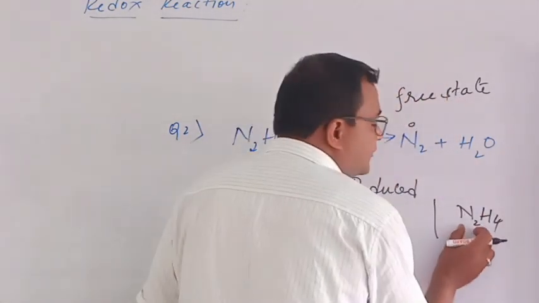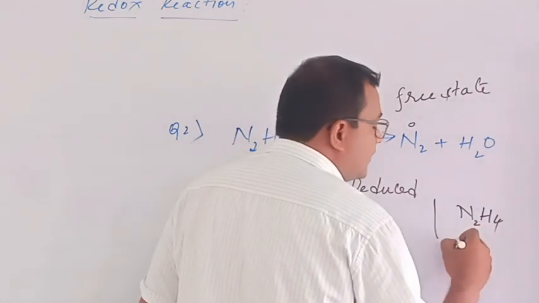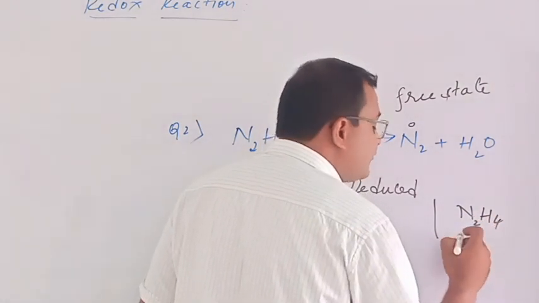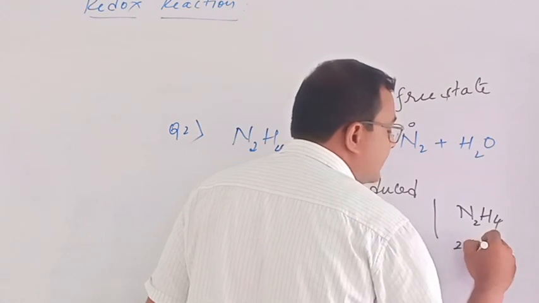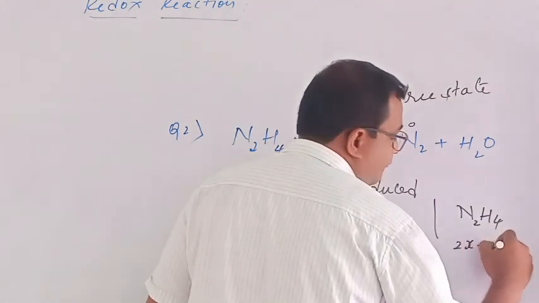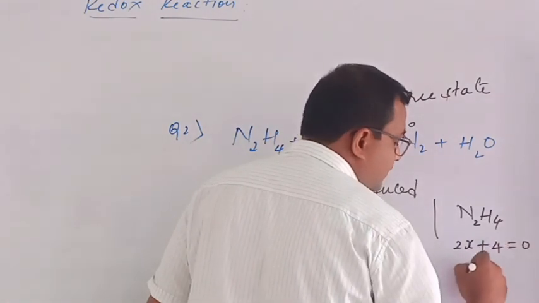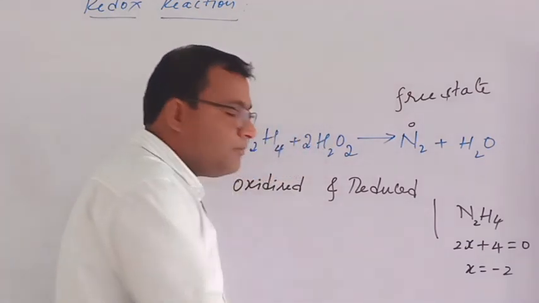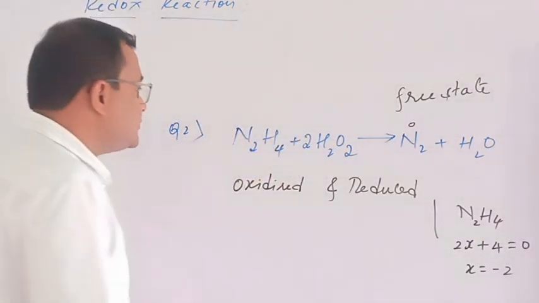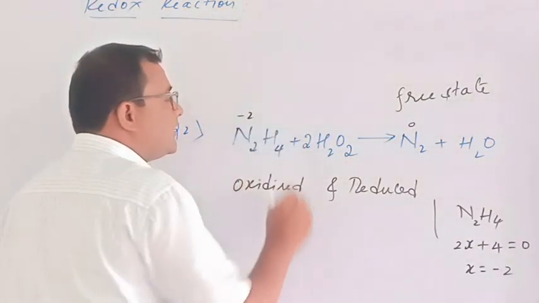In N2H4, nitrogen is more electronegative, so hydrogen must be electropositive. Then 2x plus 4 equals 0, x is equal to minus 4 by 2, minus 2. Then the charge is minus 2.